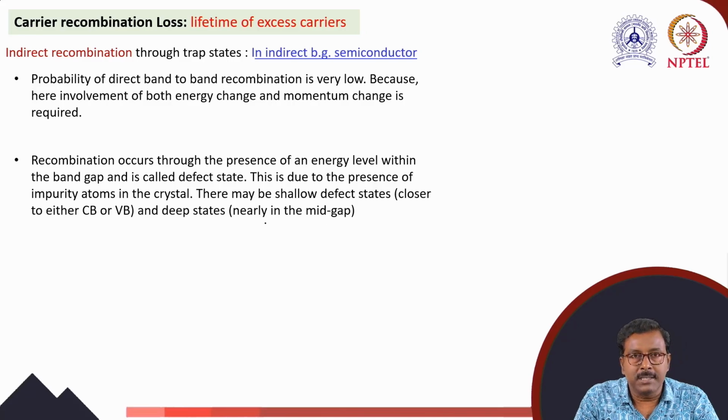Now the defect states or trap states may lie at the middle of the band gap or they may lie in the gap but closer to the conduction band minima or closer to the valence band maxima. So based on their position, the defect states are categorized into two categories: shallow defect states and deep defect states.